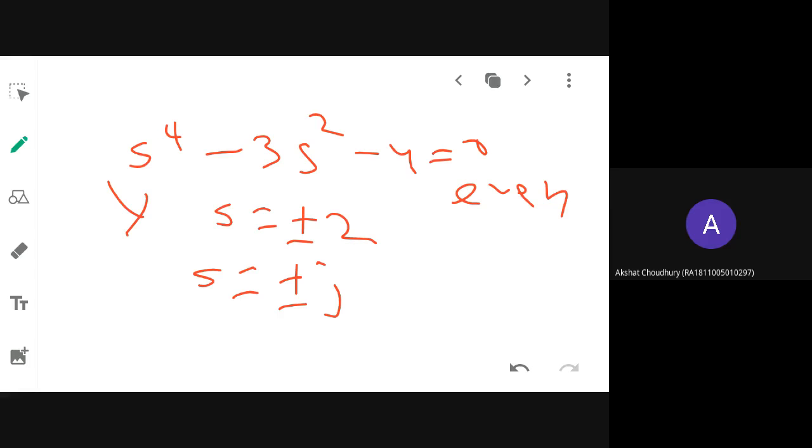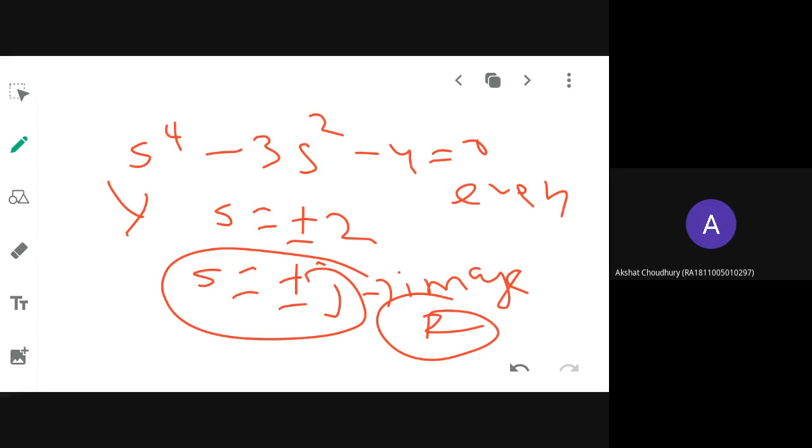These are the roots located on the imaginary axis, 2 roots. Here one root is in the right half, one root is in the left half. You have to check all those things, then only you can comment on the location of the roots and stability. So totally 2 roots on the imaginary axis, 2 roots in the right half, 2 roots in the left half, system unstable. Like that you have to find it. Okay.